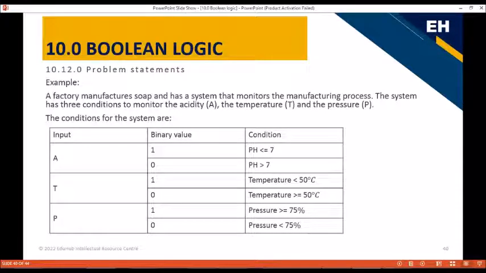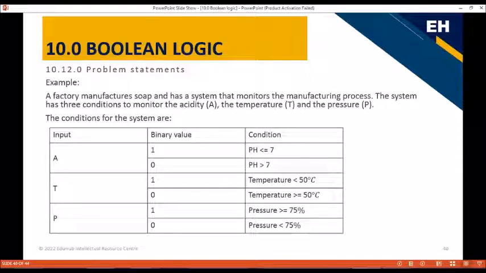Quickly, the first example we shall be working on: a factory manufactures soap and has a system that monitors the manufacturing process. The system has 3 conditions to monitor: the acidity A, the temperature T, and the pressure P. The conditions for the system are input, binary value, and condition.